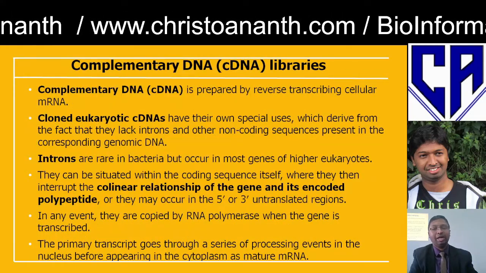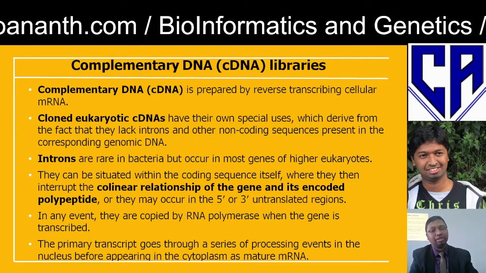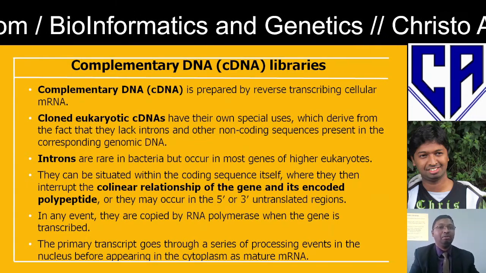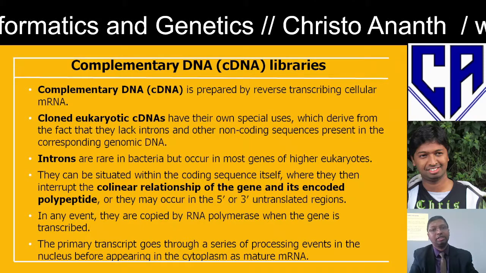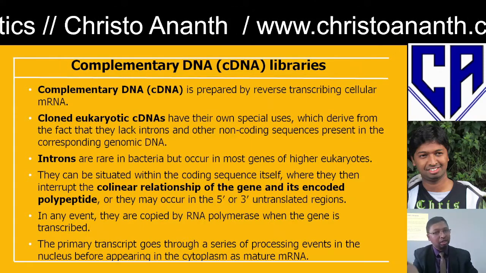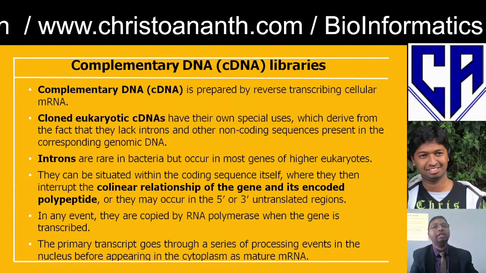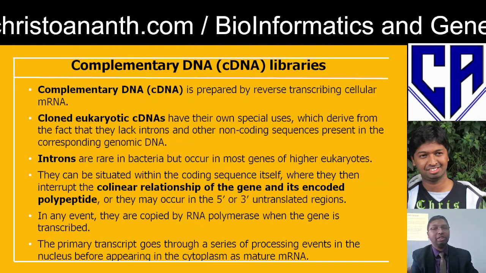Then we will have cDNA libraries, which is a topic of concern. We will have cloned eukaryotic cDNAs, which lack the non-coding sequences, and corresponding to that particular DNA we will be getting gene isolation.